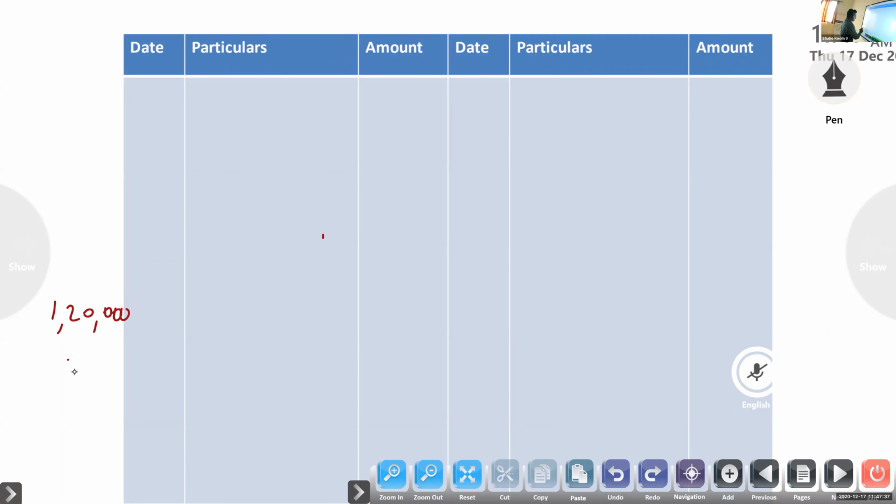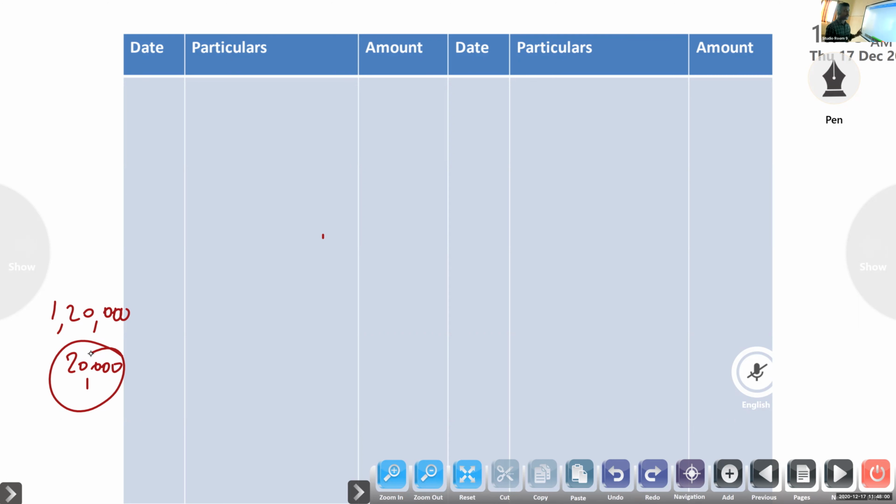Out of that, 20,000 original value, only a part we are selling for rupees 6,000. So prepare the machinery account for 3 years. That is the difference.